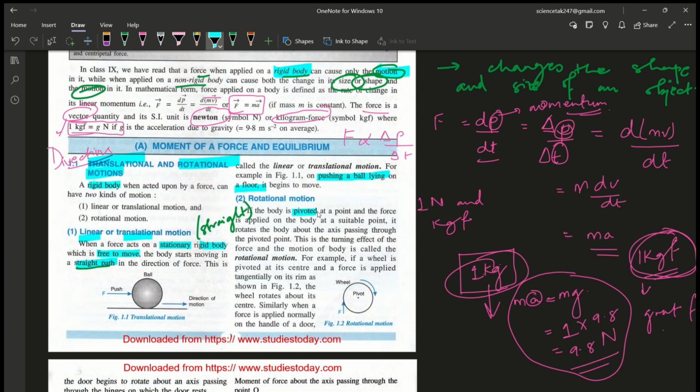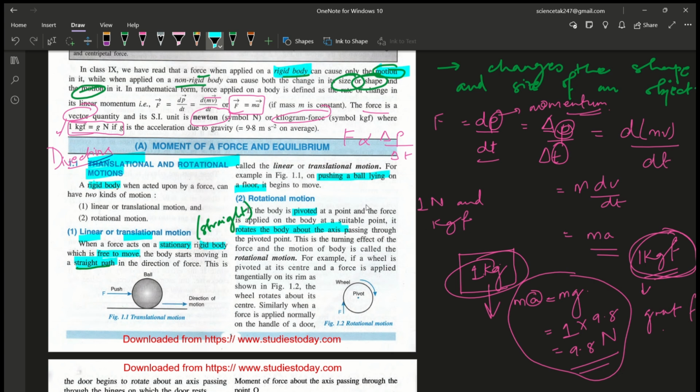The condition required is pivoted. That is, a rigid body that is pivoted at a point and a force needs to be applied. Thereafter, the body would rotate about its axis. So the characteristic for linear translational motion is that it moves in a straight path. Here the body rotates about the axis passing through the pivotal point, right?